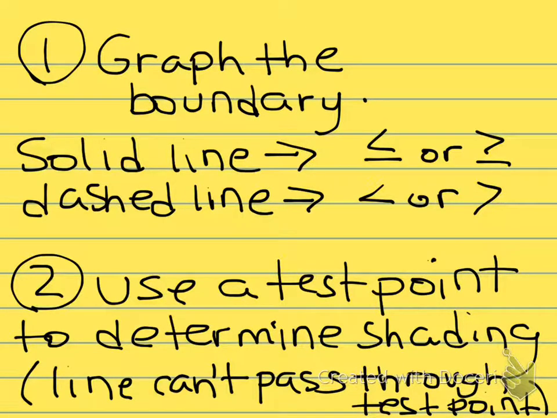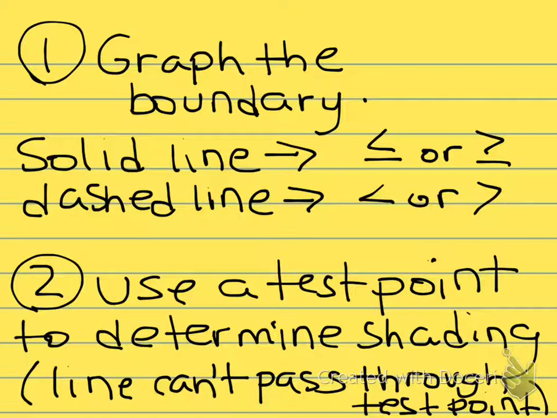So that actually doesn't change any process of graphing an equation that we've already gone over. The only difference is if you have a less than symbol or just a greater than symbol, that is going to make a dashed line instead of a solid line when you graph the equation.